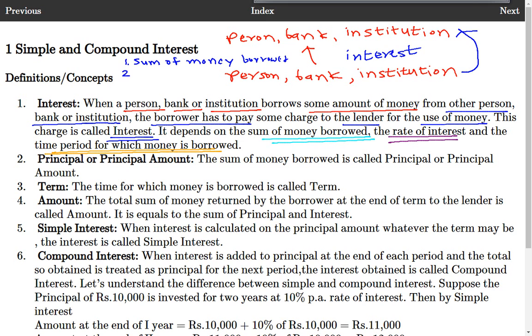Secondly, it depends on the rate of interest, and it also depends on the period for which money is borrowed. The sum of money borrowed is called principal or principal amount.